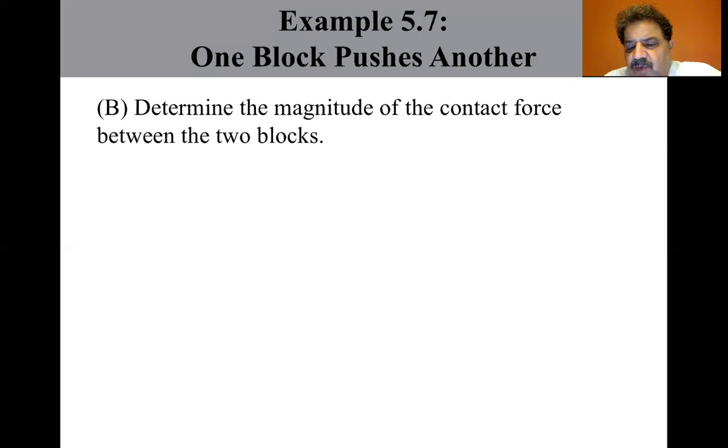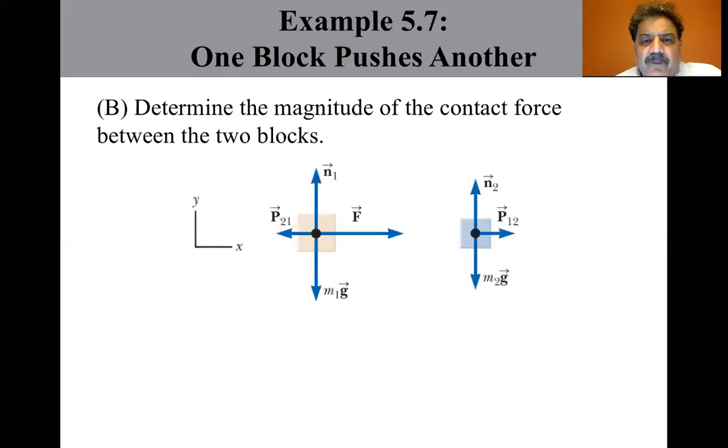To analyze this, we construct a diagram of forces acting on the object for each block as shown. Okay, we have the 1 block, and got a free body diagram.